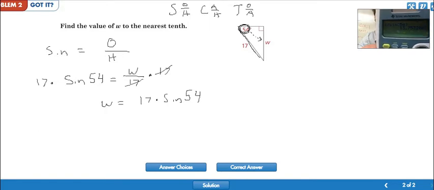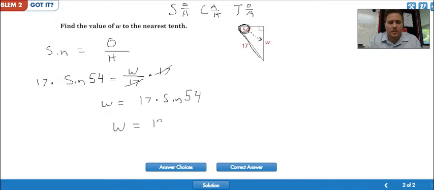If I round it off, this other side W is going to equal 13.75.